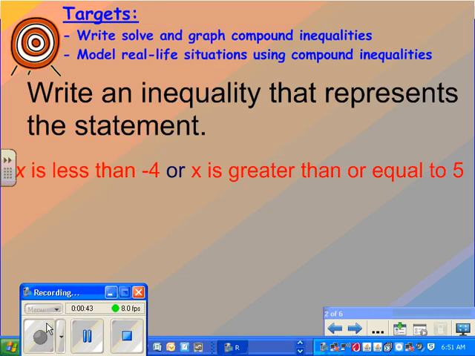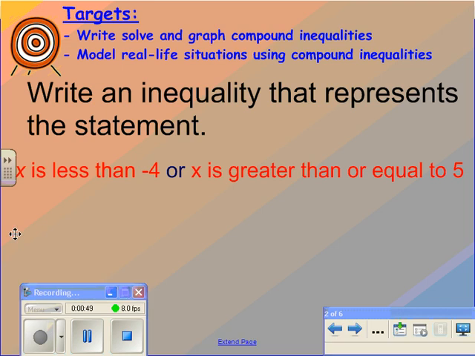All right, now we're going to translate the inequality from the written word to a statement, starting with x is less than 4 or x is greater than or equal to 5. You have two independent statements here. Starting with x is less than 4, let's translate that one. So x, our less than symbol, and the 4.